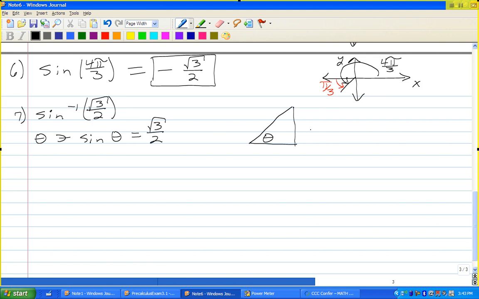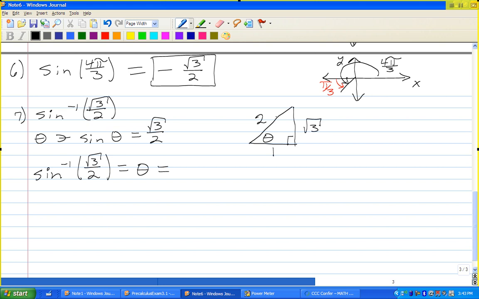So opposite over hypotenuse. And well, this is a 30, 60, 90 triangle. So sine inverse of root 3 over 2 is just theta.